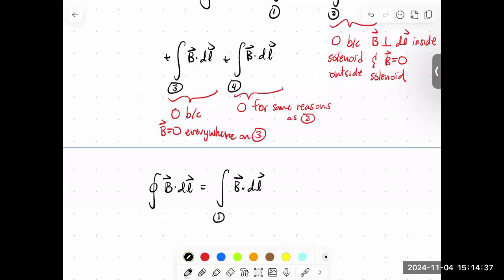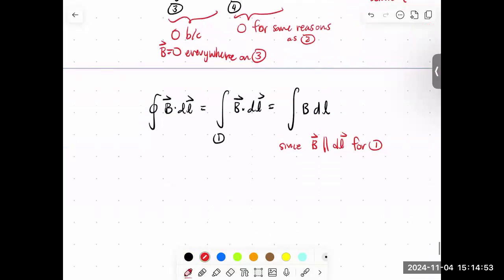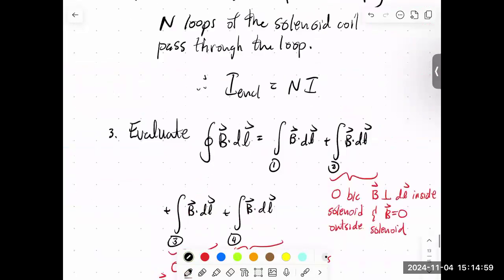And B and dl are parallel to one another for path 1. So this is B dl, since B is parallel to dl for path 1. Why is that?